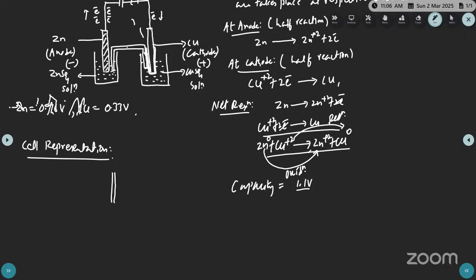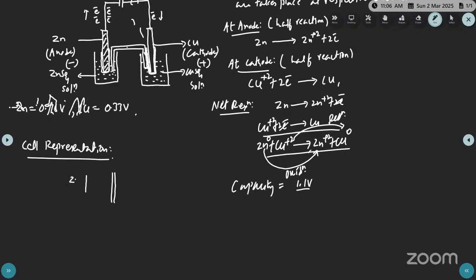Why am I saying this? See, this boundary separates that metal rod in the solution, so that boundary can be represented by a single vertical line. On the left side of the single vertical line, write the metal. What is the metal? Zinc.